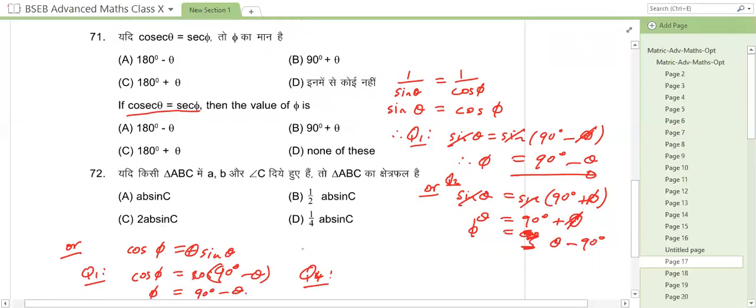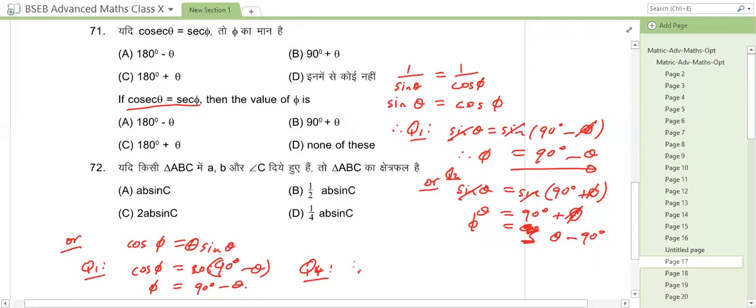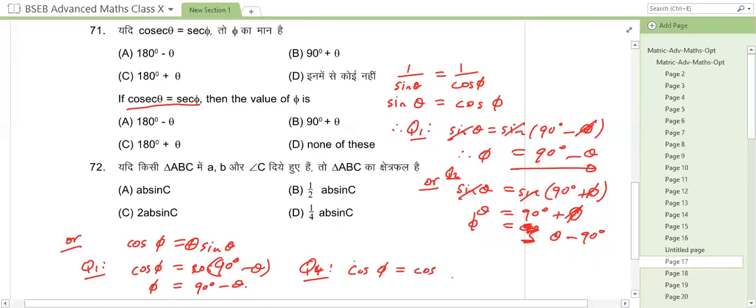Okay. Then in quadrant 4 we get cos phi is equal to cos of 270 plus theta. Dropping the cos on both sides, we get phi is equal to 270 degrees plus theta.